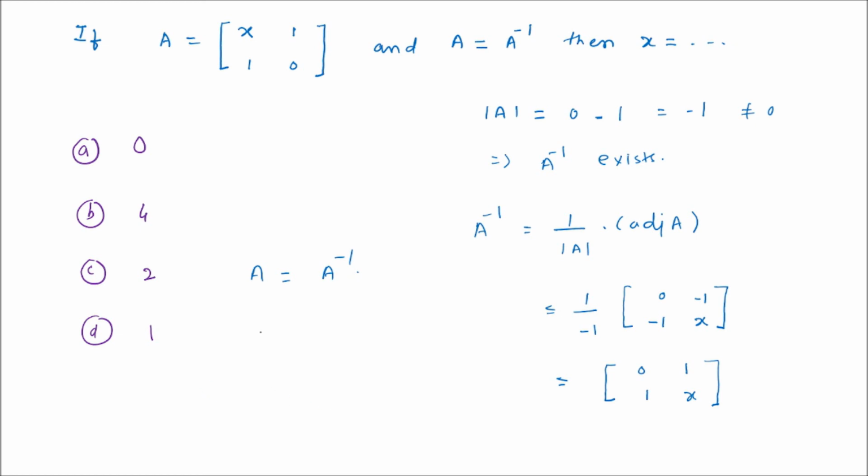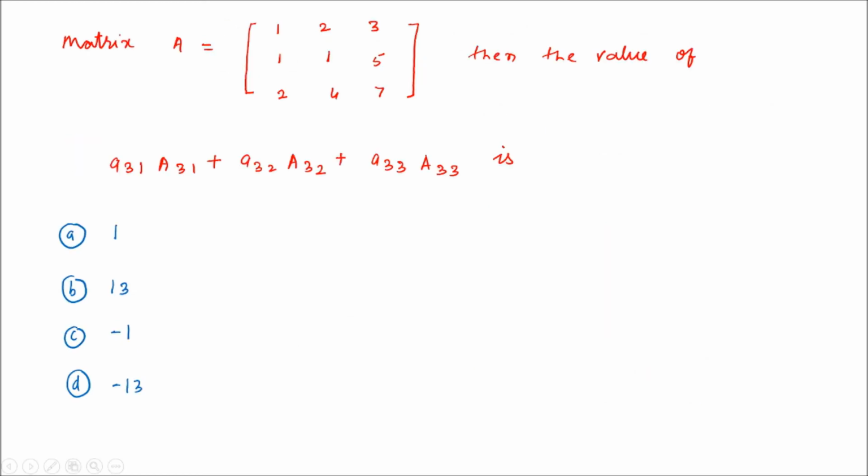We can equate this here. A means X, 1, 1. Its inverse is 0, 1, 1, X. Equating elements, X is equal to 0 here.